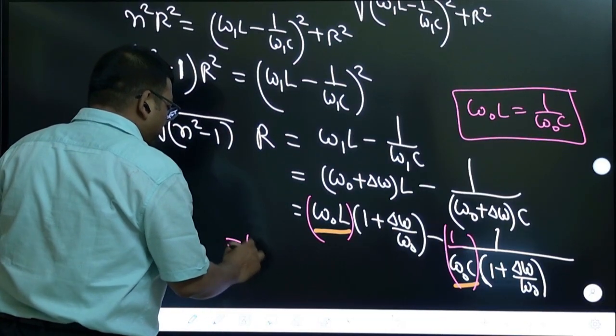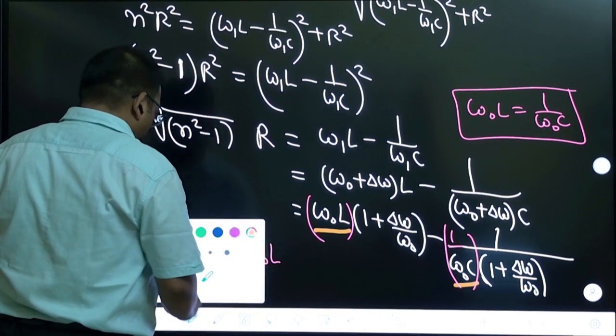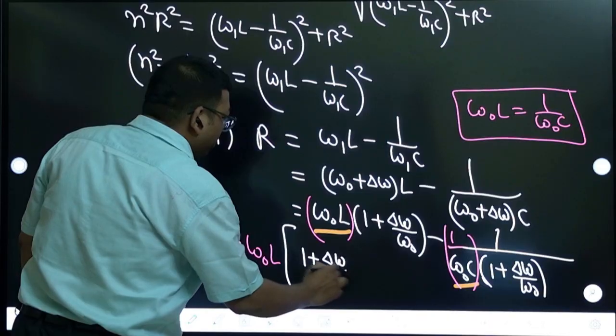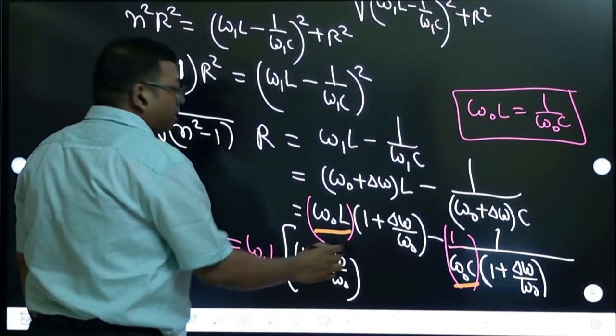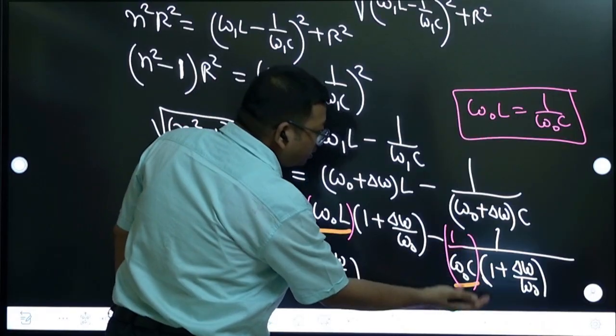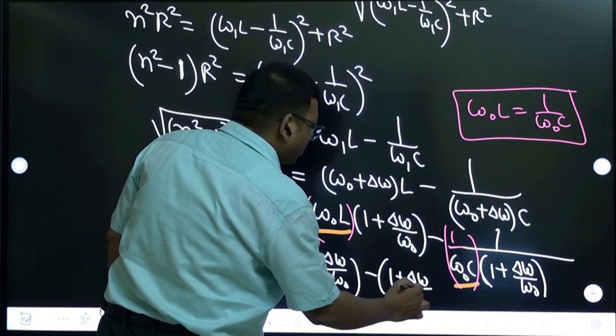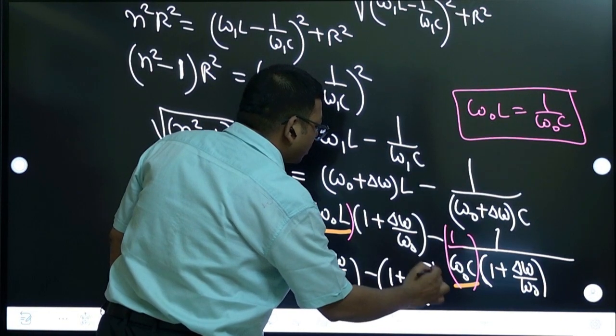Let us take omega naught L out. So what are we going to get here? You will get 1 plus delta omega by omega naught, right? And here it is in the denominator, so this denominator we take as reciprocal. So 1 plus delta omega by omega naught power minus 1.